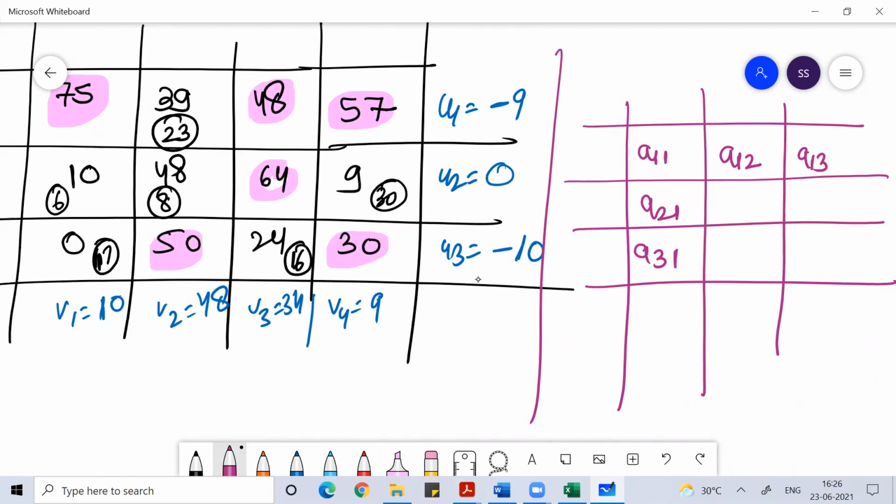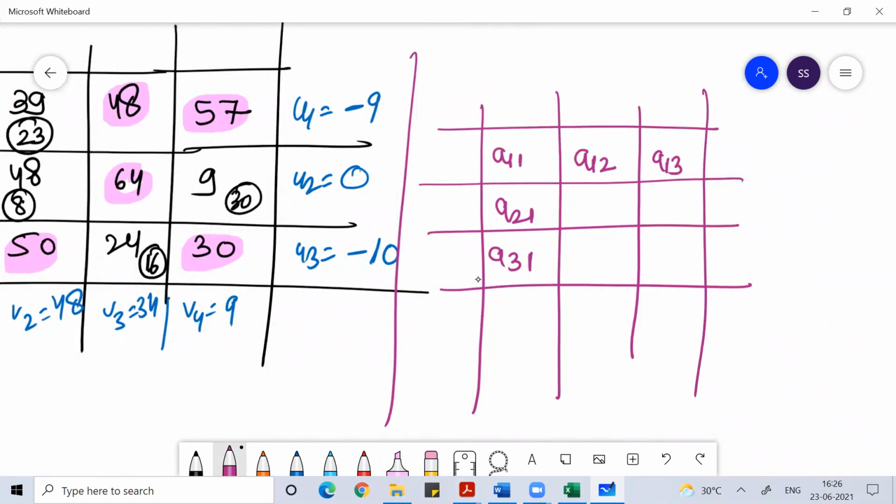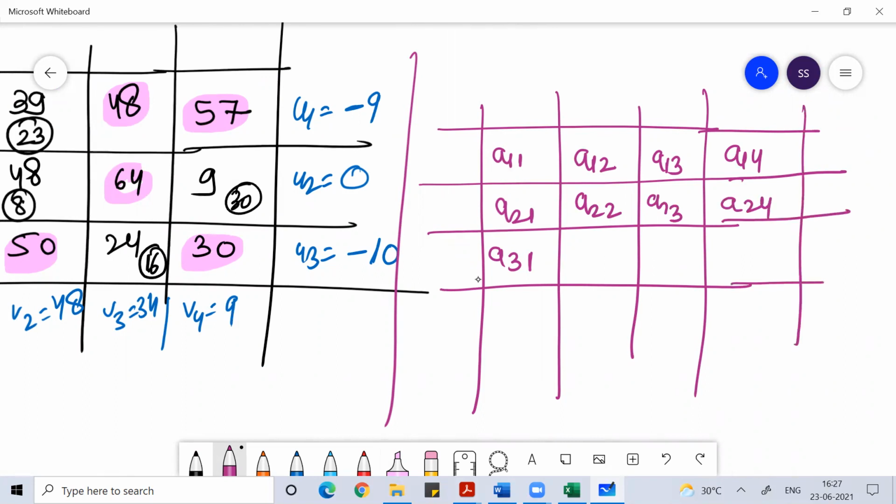A23, A13, A12, A14, then A22, A23, A24, then A32, A33, A34.